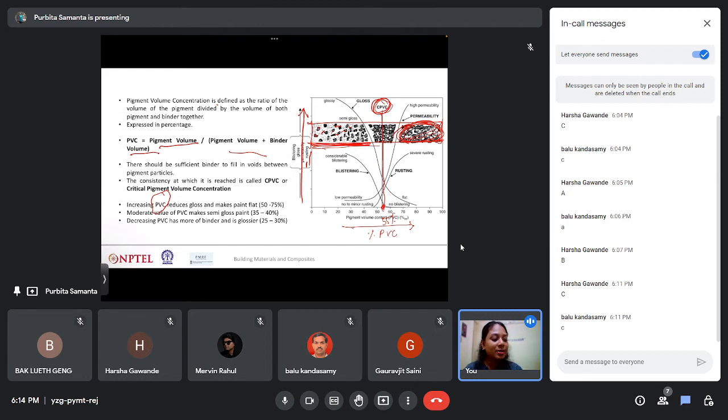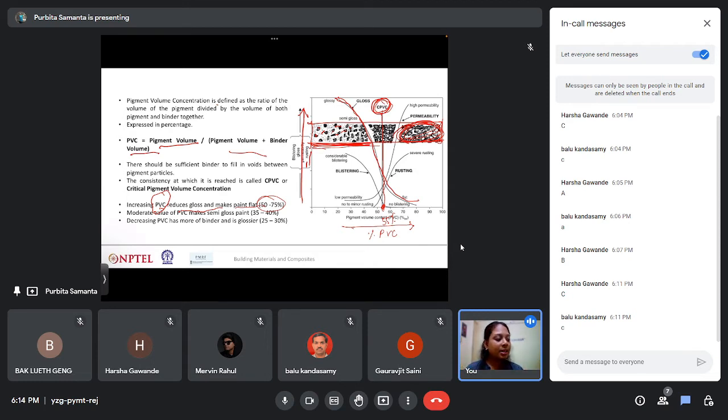If we see that increasing the PVC reduces the gloss and makes the paint very flat, which is around a range of 50 to 75% of PVC. Do we see that? Yes. If you see this particular curve, this is the curve representing the gloss, the type of gloss you'll get by applying the paint.